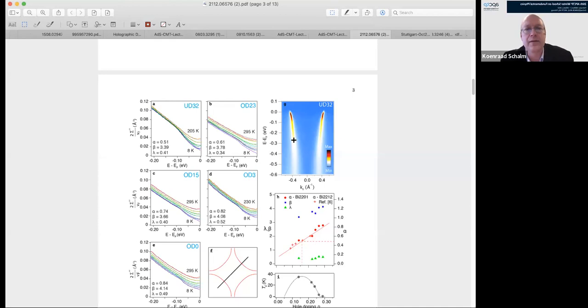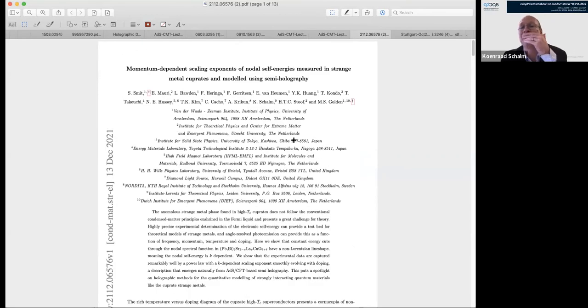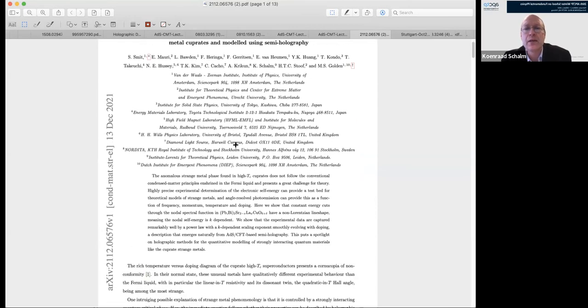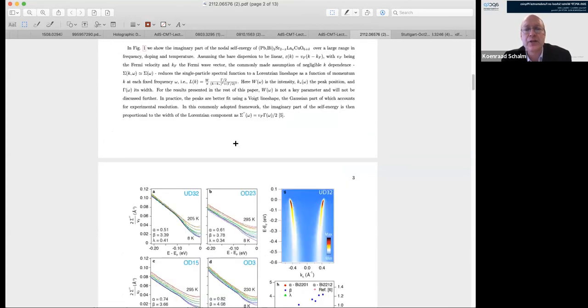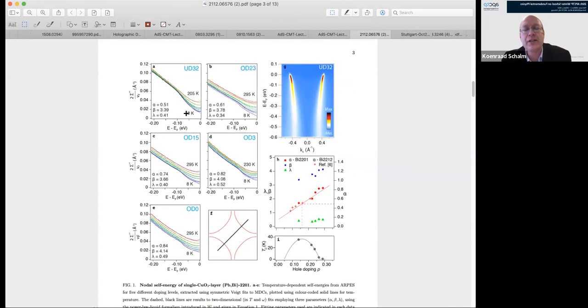So let me share my screen one more time. Okay, so this is the actual paper. This was the figure that I showed a moment ago. This just looks at the power law behavior of this self-energy. So how do you extract this self-energy?